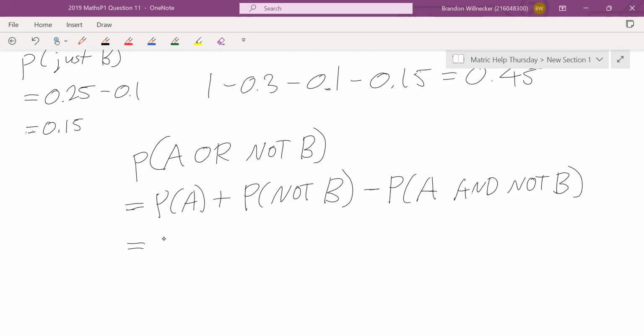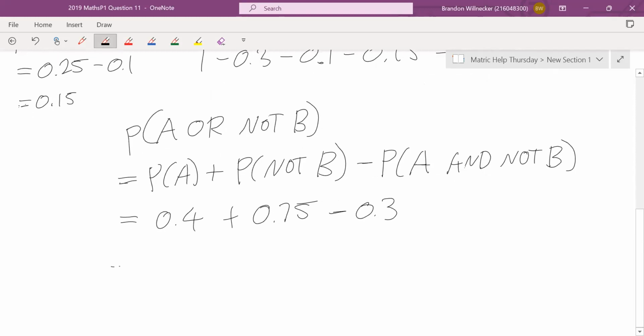Remember, that is how we split up ORs. So this is going to be equal to 0.4 for that one plus 0.75. Why 0.75? Because it's 1 minus the probability of B. Minus, what's the probability of A and not B? That's 0.3. Okay, adding all of this up, we get 0.85.